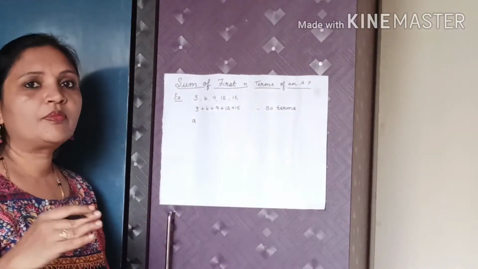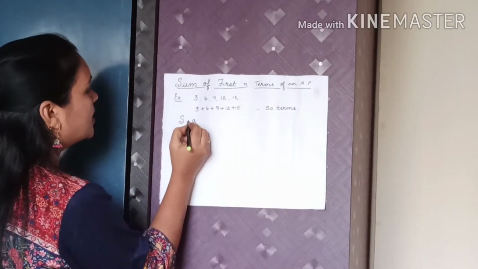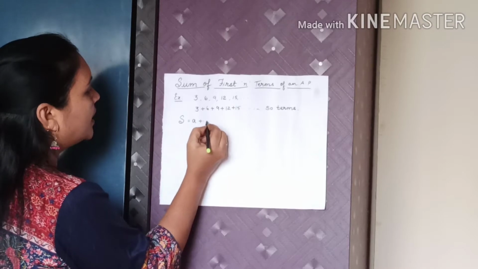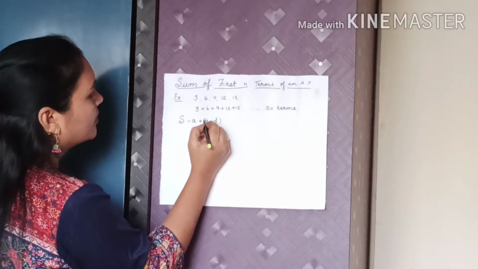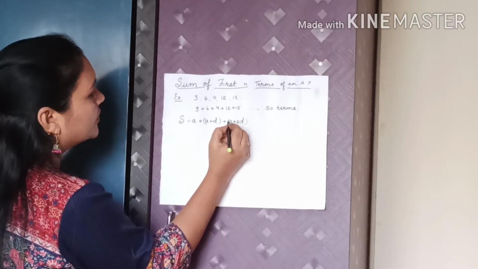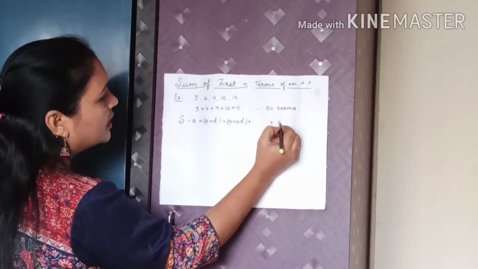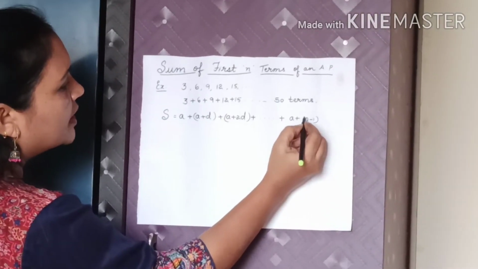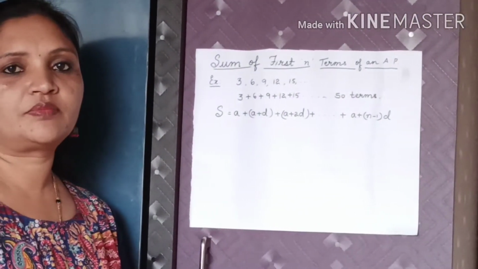Now we have to find the sum of all the terms, that is S is equal to a plus (a plus d) plus (a plus 2d) plus, and so on, plus a plus (n minus 1) into d. So this will be the last term.